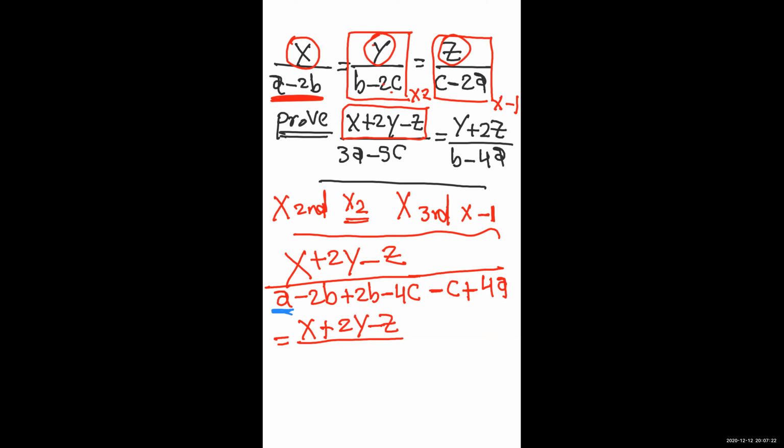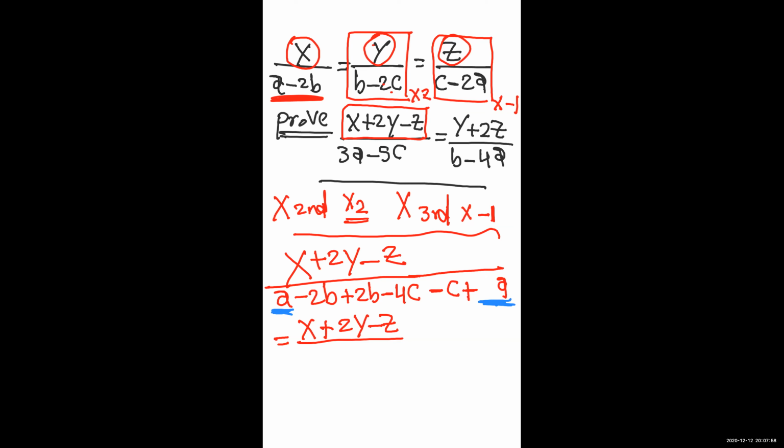Now let's check it again. Here a minus 2b, then this one multiplied by 2, plus 2b minus 4c. The last one times negative 1, so negative c, and negative times a negative means positive. 2a times 1, so this is positive 2a.